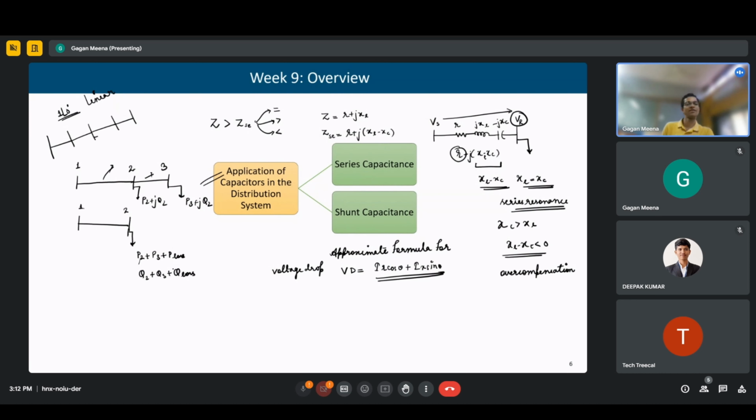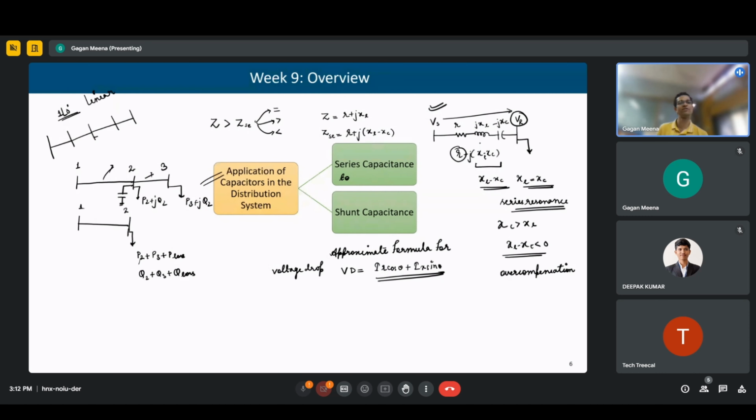Okay. Now if we connect one capacitor here, a shunt capacitor, so this was series. So what is the use of series capacitance? The main purpose of series capacitance is to increase the voltage magnitude of the nodes.